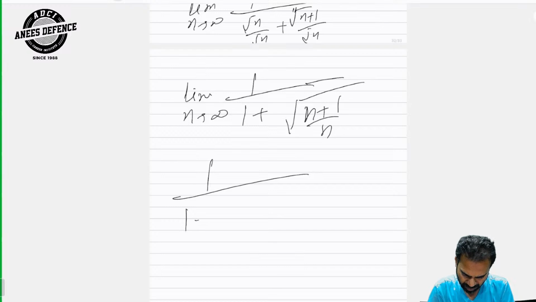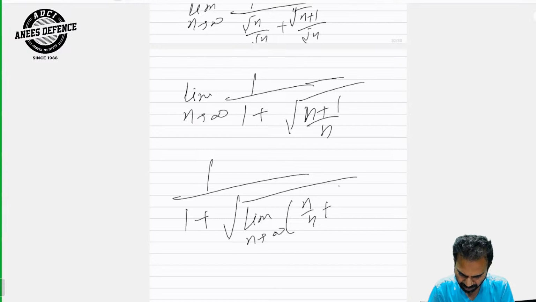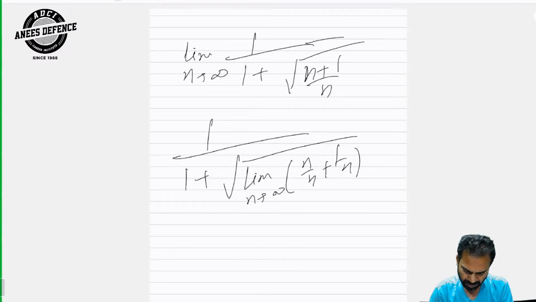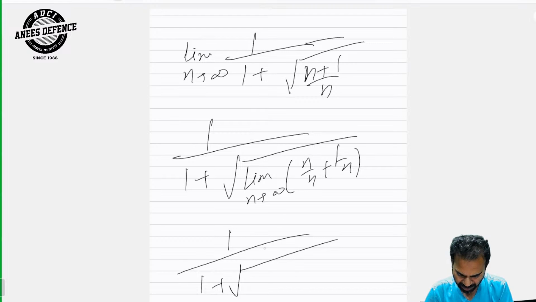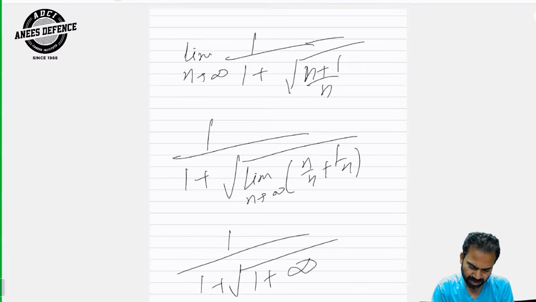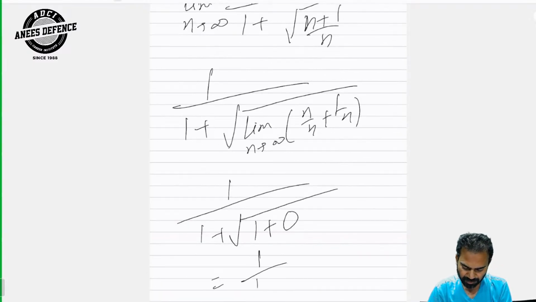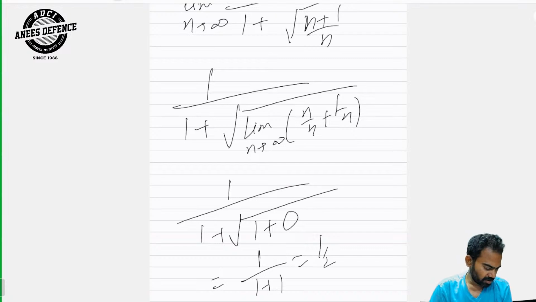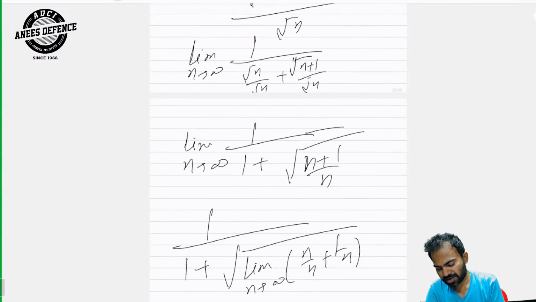This is 1 plus 1 upon under root, limit n tends to infinity, n upon n plus 1 upon n. Any problem? n upon n is 1. 1 upon root infinity, n tends to infinity, is 0. Okay? So this is 1 upon 1 plus 1, that is 1 by 2. Option B is the correct option. Okay?